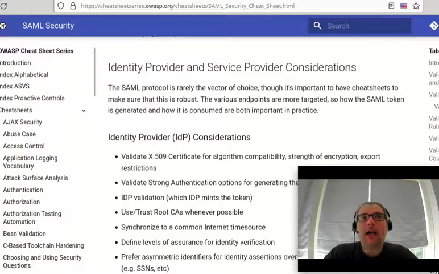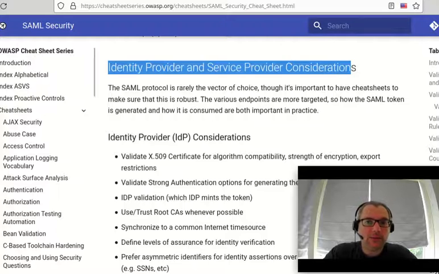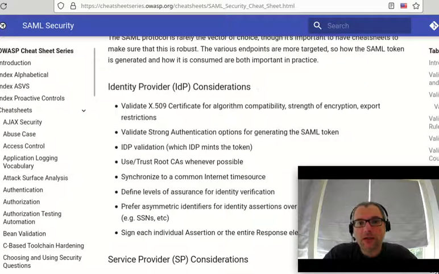You are aware of the topic, you are knowledgeable about the topic, but you need to be humble also to see if you forgot something. And something that, for example, is always good to check is the identity provider and service provider consideration, because there is a lot of architecture in there. You see how many points you should stress about it.